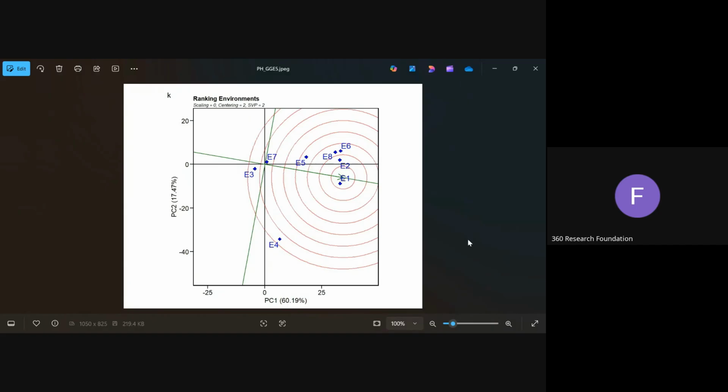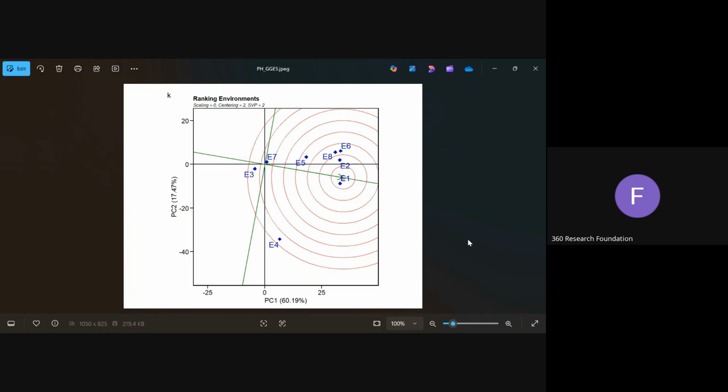Here don't consider the origin, consider the center of the concentric circle. If we consider the center of the concentric circle, the first environment will be E1, second E2, then E6, E8.